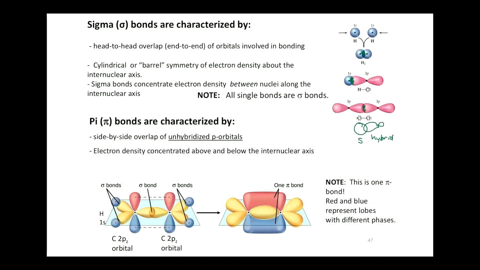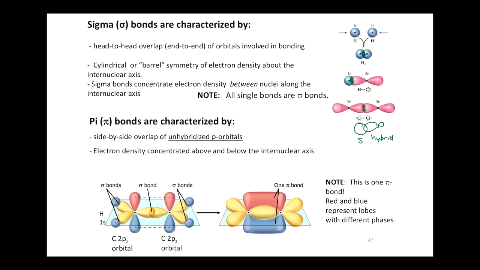With pi bonds, the only way to get them in this class is through unhybridized p orbitals. That's the only way you can get that side-by-side interaction. It has to be unhybridized p orbitals on adjacent atoms, and the electron density will be above and below the internuclear axis, so out of the plane of the molecule.